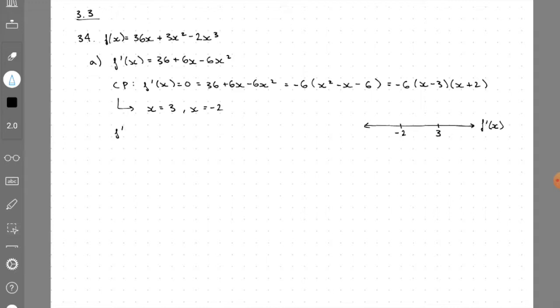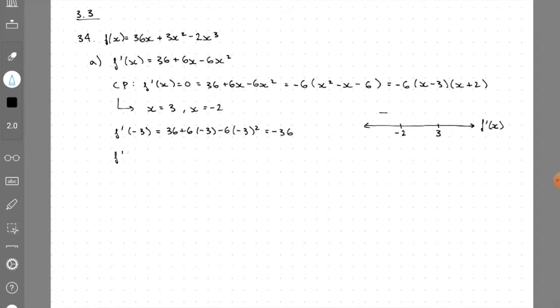I'm going to pick a number that's less than negative 2, say negative 3. I'm going to use a calculator real quick to calculate this. This is going to be negative 36.